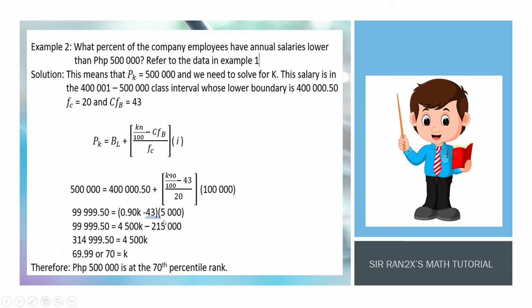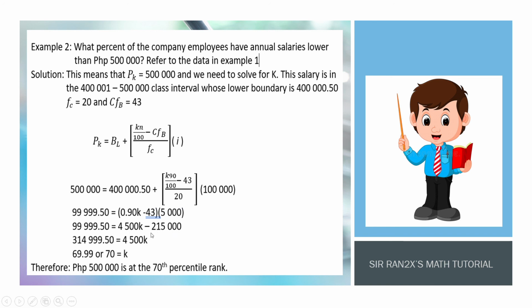Of course, this is an expression with a variable k, so you can distribute. 5,000 times 0.90k is 4,500k. And then you subtract 5,000 times 43, that's 215,000. You simply distribute the 5,000 to 0.90k and negative 43. Then you have 4,500k minus 215,000.